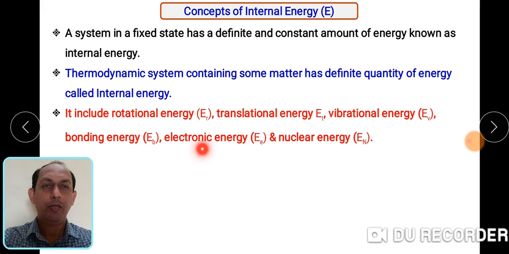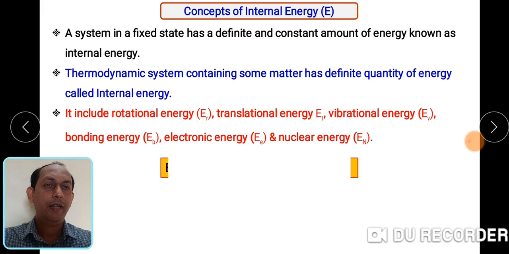The electrons present inside the molecule might result in electronic transitions. That energy will be in the form of electronic energy, and nuclear energy. So these are the different forms of energy associated with matter, and that results in the definite amount of total energy of the system.